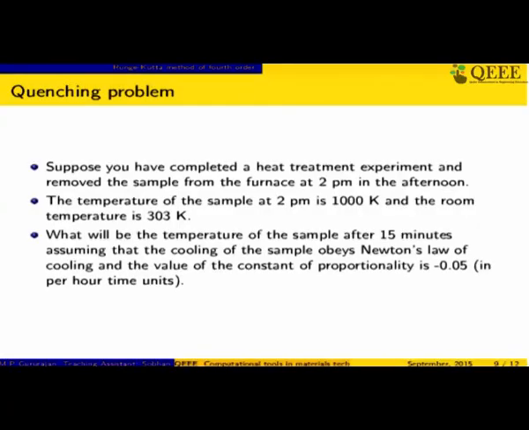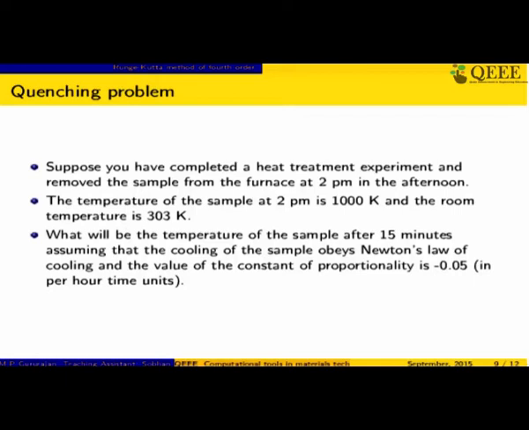Now the next method is the Runge-Kutta method. For the Runge-Kutta method, we will use an example which is from a quenching problem. What is the quenching problem? Suppose you have completed a heat treatment experiment and removed a sample from the furnace at 2 p.m. in the afternoon.